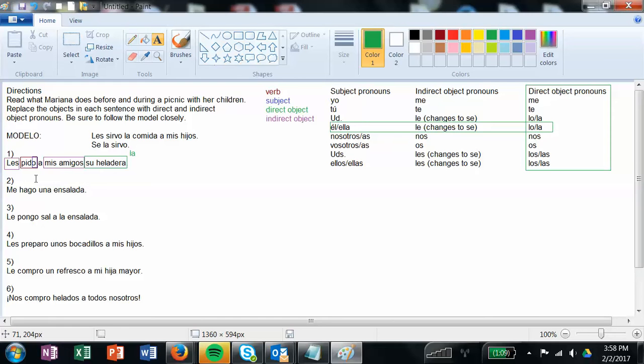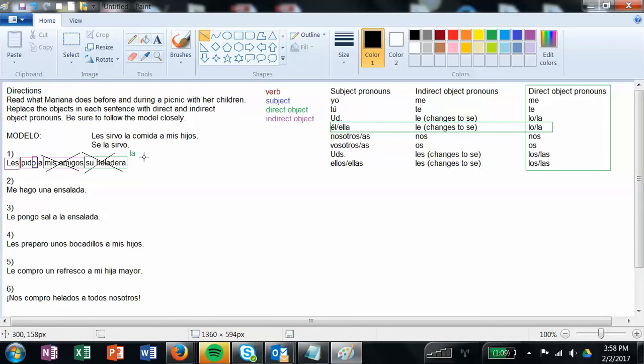When you do that, your object pronouns always go in front of your verb. So we're going to get rid of our indirect object and replace it with a pronoun, and we're going to get rid of our direct object and replace it with a pronoun. So in lieu of having heladera and amigos, we're going to have les and la.